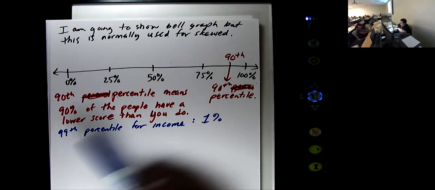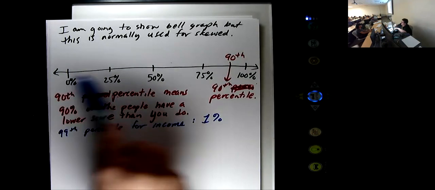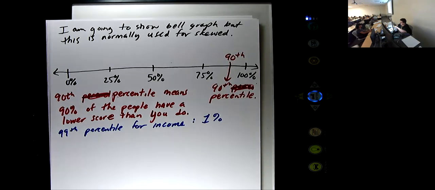And percentile can be anywhere on this. This is the number line going from 0 up to 100. I only showed the 25s, but we could have all the parts in there. The ones I did list are the quartile marks.